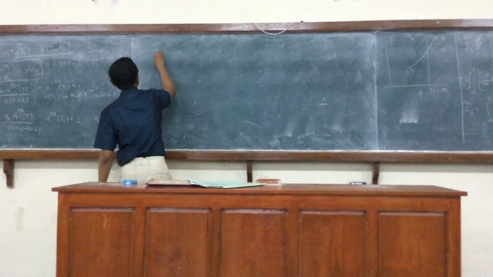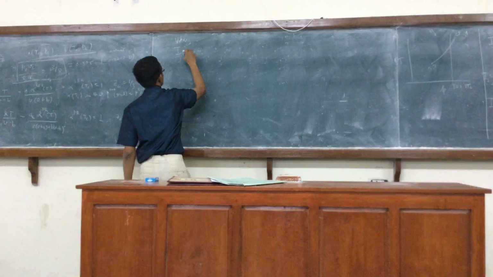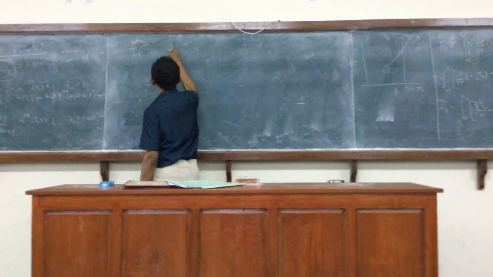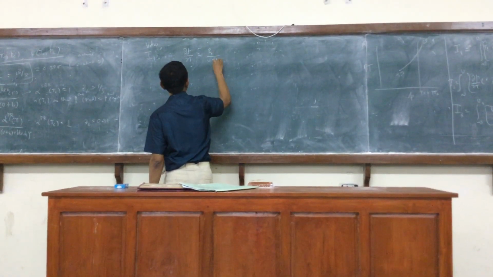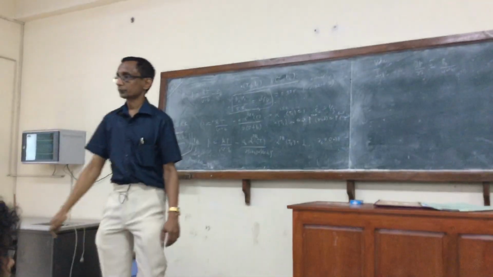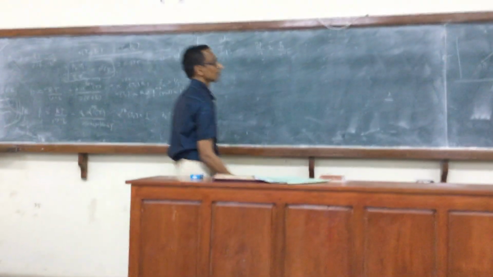Now I1 for the van der Waals. What I need is dP by dT. dP by dT for the van der Waals is simply R over V minus B. It is independent of temperature, so it is a function only of volume.